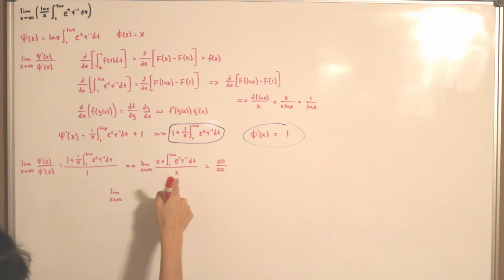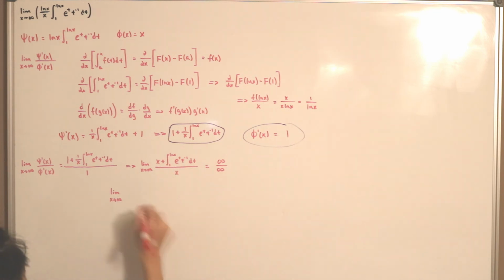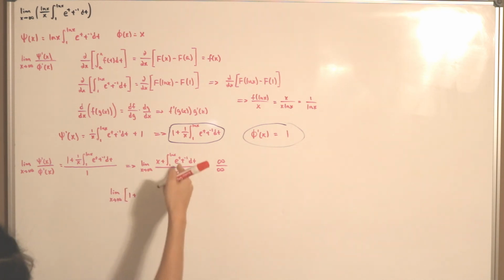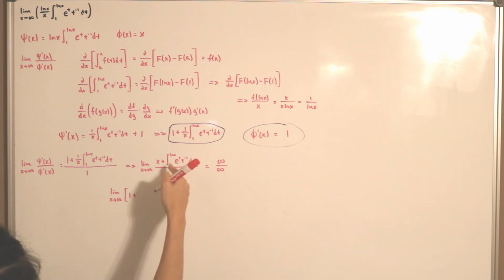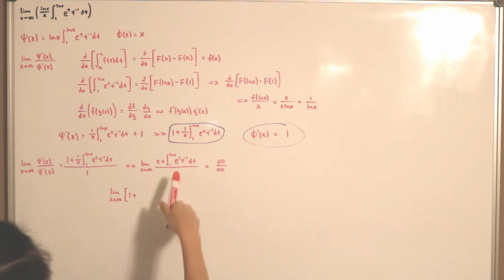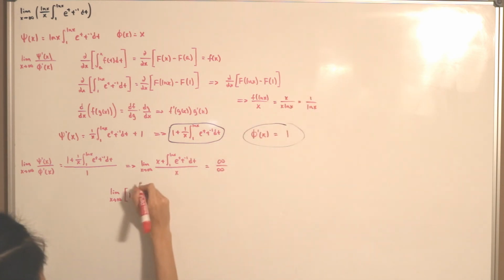The denominator is 1 here, so we can just focus on the numerator. The derivative of x is just 1, and then plus the derivative of the integral from 1 to ln of x, e to the t times t to the negative 1 dt, which we said is equal to 1 over ln of x.